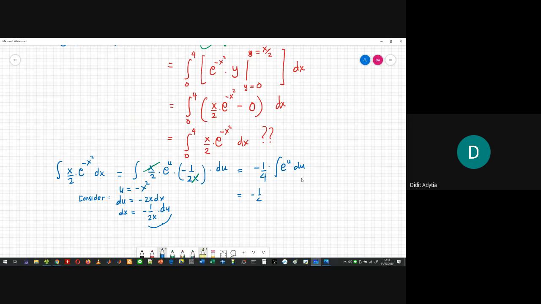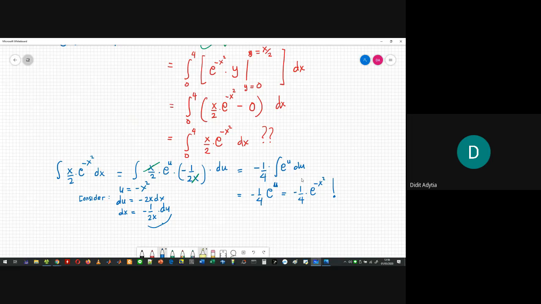The integral of e to the power of u is itself. Then I rewrite it again in x. Sorry, this is minus 1/4 e to the power of minus x squared.